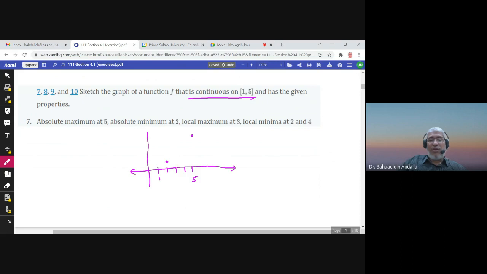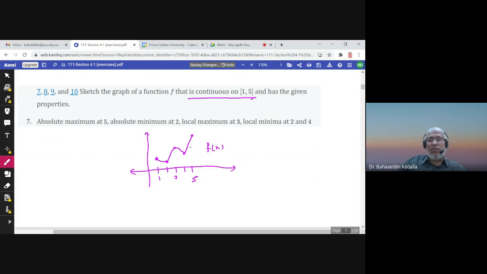Local maximum at 3. So local maximum here at 3. And local minimum at 4. So local minimum at 4. If we sketch the graph like this, this is the function f. It will satisfy all the conditions.